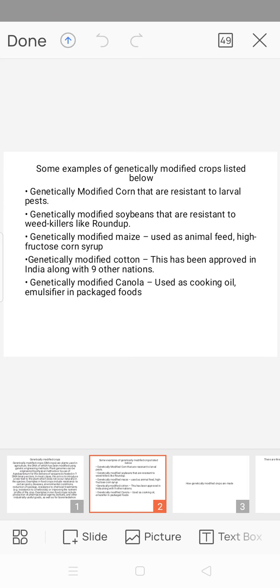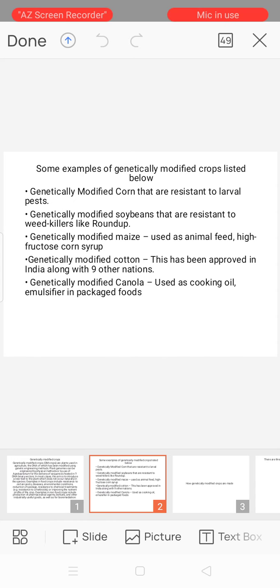Genetically modified corn that is resistant to larval pests. Second one, genetically modified soya beans that are resistant to weed killers like Roundup. And third one, genetically modified maize used as animal feed and high fructose corn syrup.